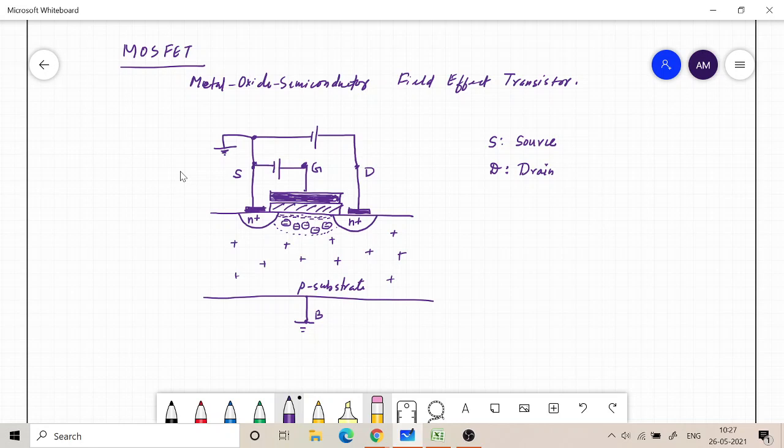So we always connect the bulk to the source, and so let us now stick to this one. So if VGS is greater than the threshold voltage, then inversion layer is created, and then there is a path between source and drain through which current can flow if you apply a battery. So this battery is called VDS, and this is VGS.